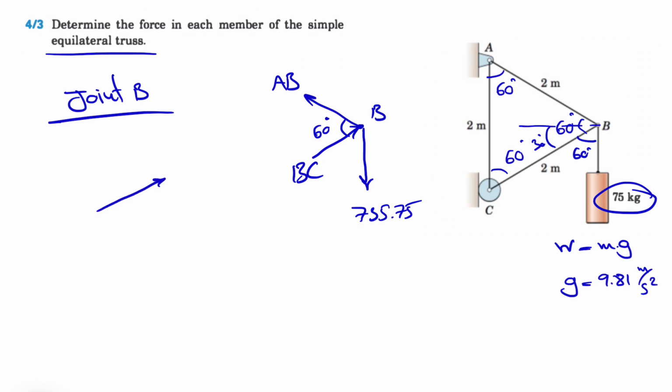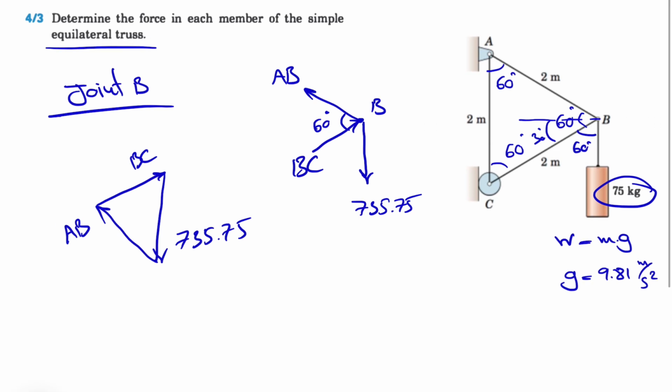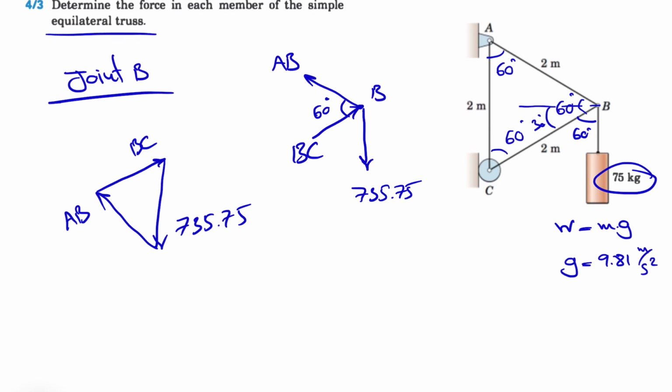For the triangle rule, you can see that AB plus BC plus the weight, which is 735.75, has to be 0, because the resultant of these 3 forces has to be 0 because of the equilibrium condition that we have.